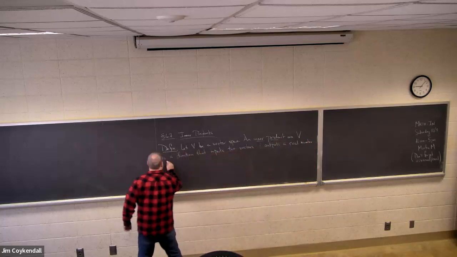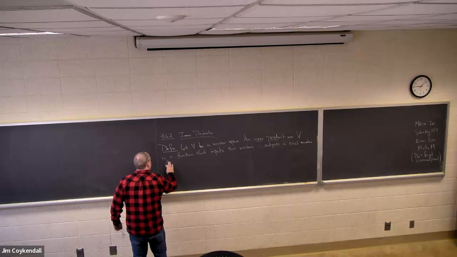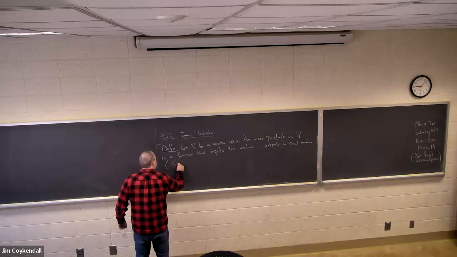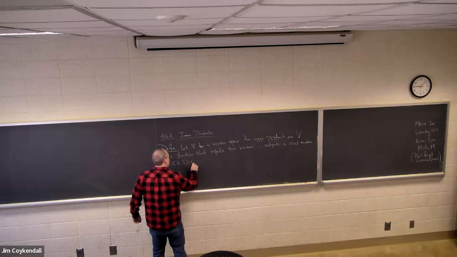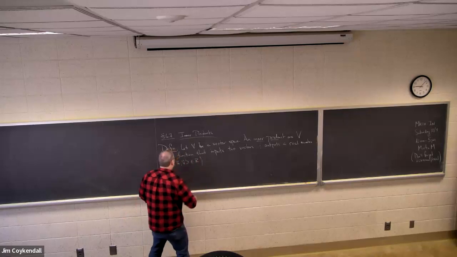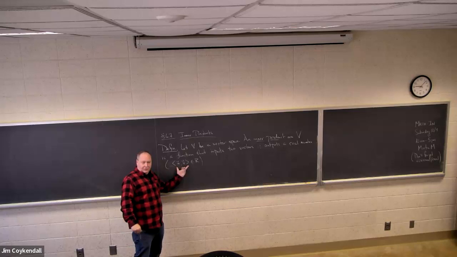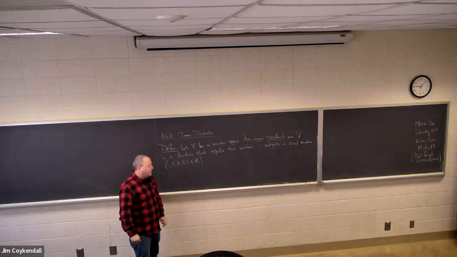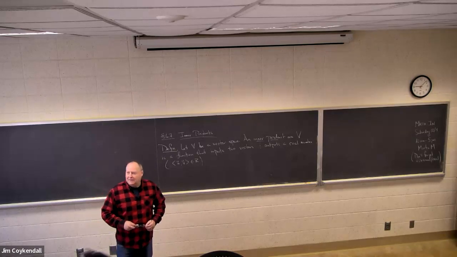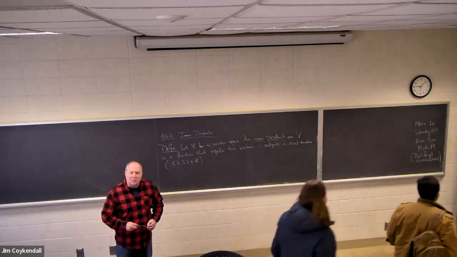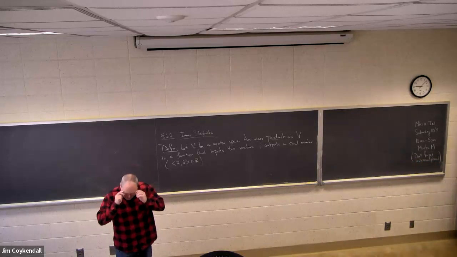So my notation will be like this. So this is the function. It's just this funny bracket thing. This is the notation I use for inner product. You input two vectors, and what does it give you? It spits out a number.